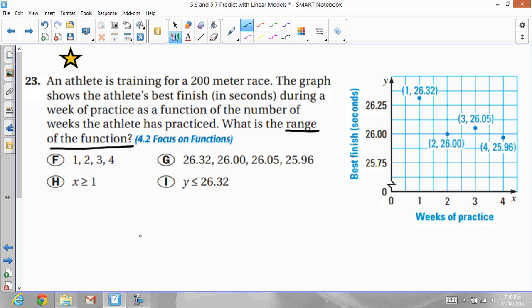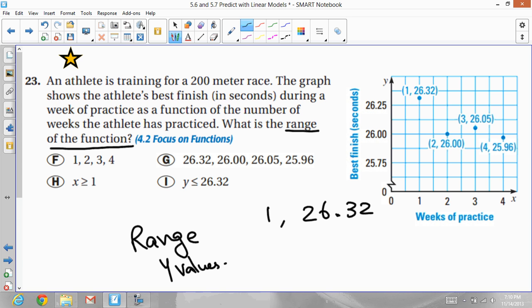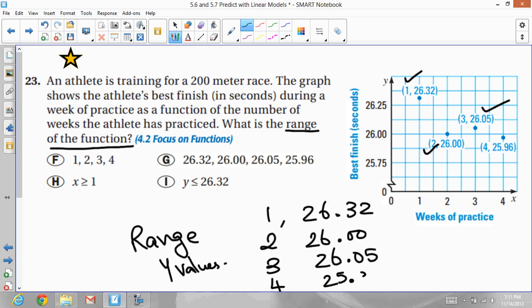The range, remember, domain is all your x values and your range is all the y values. So if I look at these points, I'm going to list them: 1, 26.32; 2, 26.00; 3, 26.05; 4, 25.96.